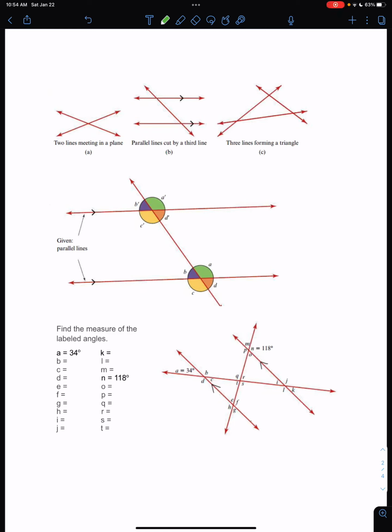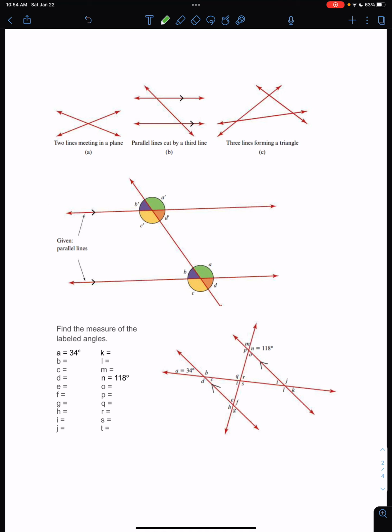All right, here are some more concepts from geometry. A lot of times in geometry we are talking about lines, and specifically lines that intersect or lines that do not intersect.